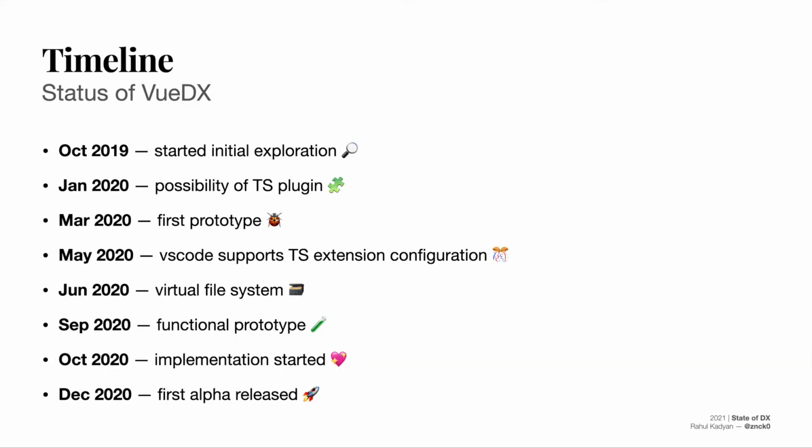Let's get to the report. So, a timeline of the project. I started on this idea to improve developer experience in IDEs. And initially I explored VS Code extensions and the language server protocol. Then I got into TypeScript, and I found that it is possible to extend TS with plugins.